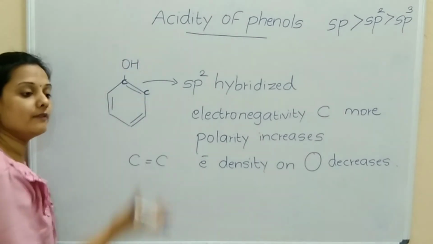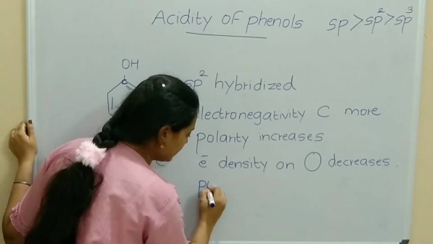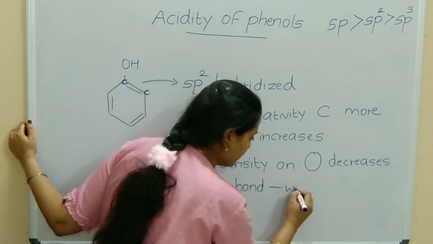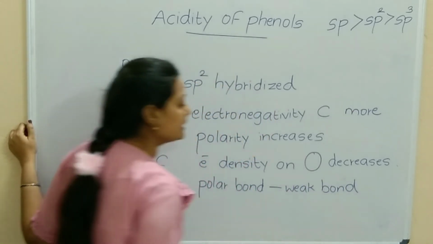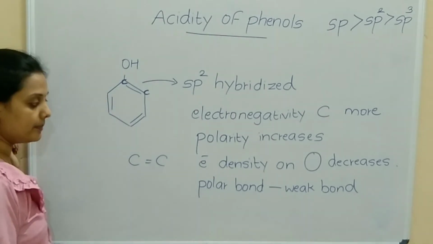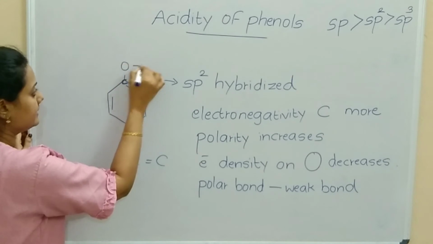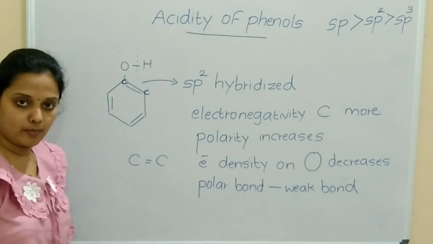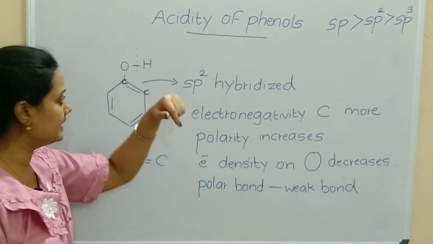The OH bond will be polar in nature, and a polar bond is a weak bond. Weak bond means the bond between O and H can be broken very easily.